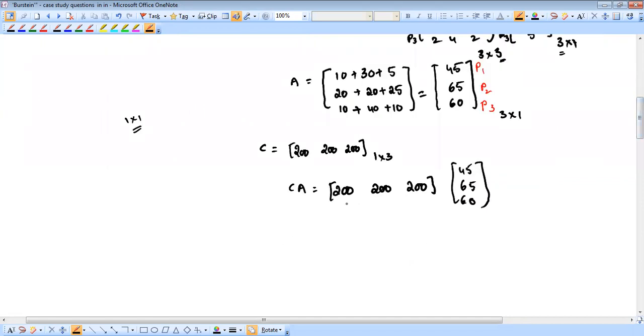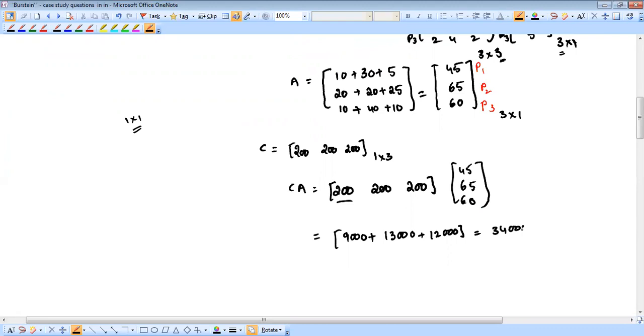So multiply 200 into 45, that is 9,000. 200 into 65, 13,000. 200 into 60, 12,000.